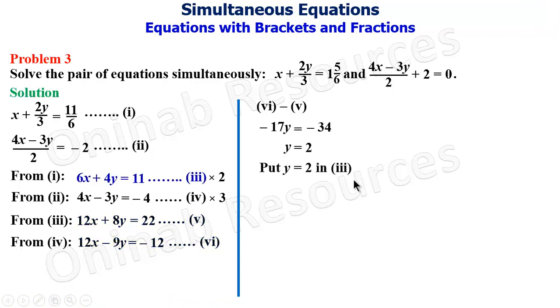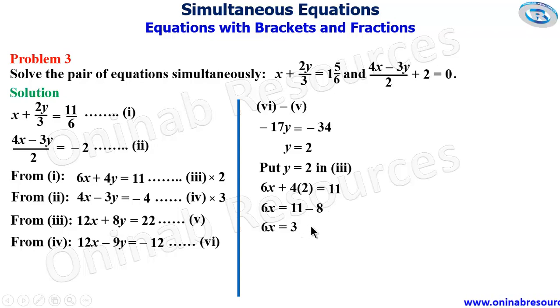So having done that, we put y is equal to 2 in equation 3. So here is equation 3. Wherever you see y, you put 2. So we have 6x plus 4 into 2 is equal to 11. So we now have 6x is equal to 11 minus 8, where 6x is equal to 3.